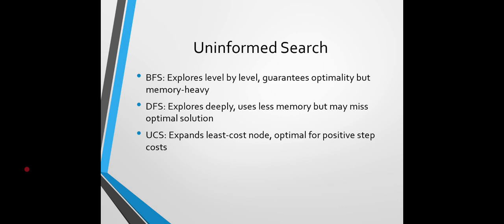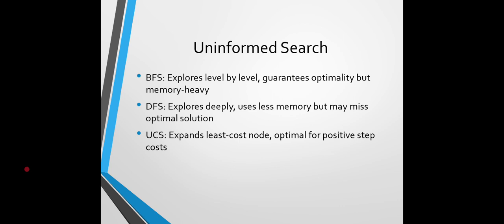Let's look at the uninformed search in more detail. The three main uninformed search algorithms are defined by their exploration order. Breadth first search explores the search space horizontally, or level by level. This approach guarantees finding the shortest path.